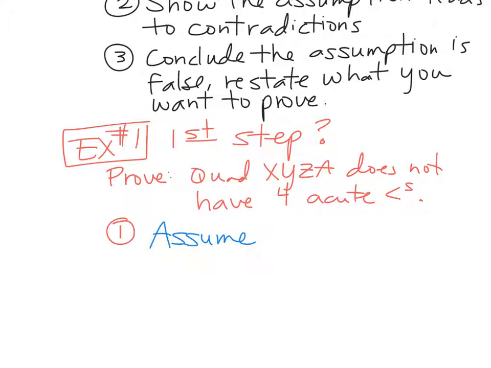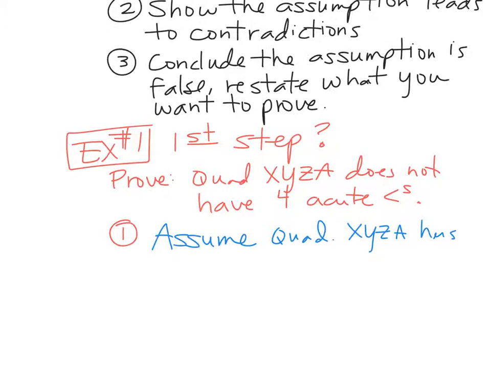So if they're saying quadrilateral XYZA does not have 4 acute angles, what do you say, Aaron? Assume quadrilateral XYZA has 4 acute angles.